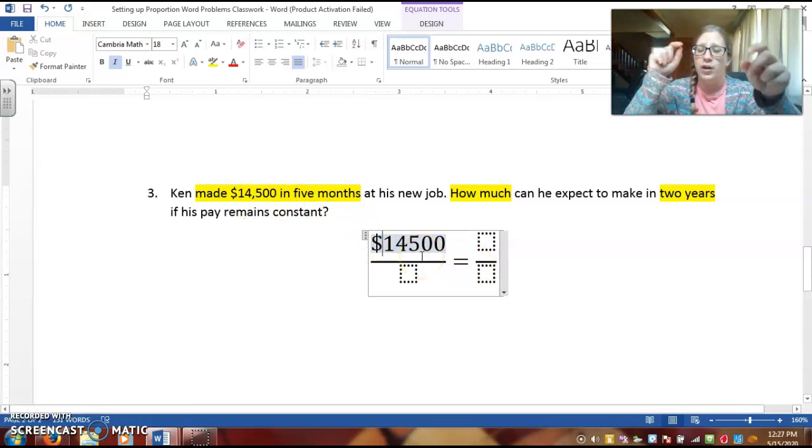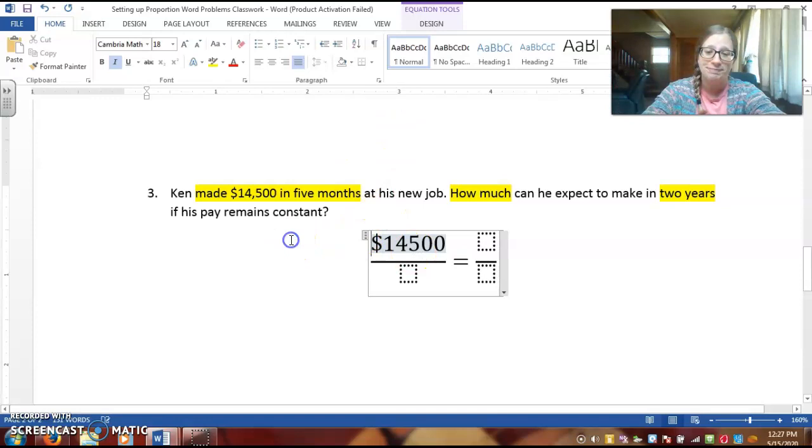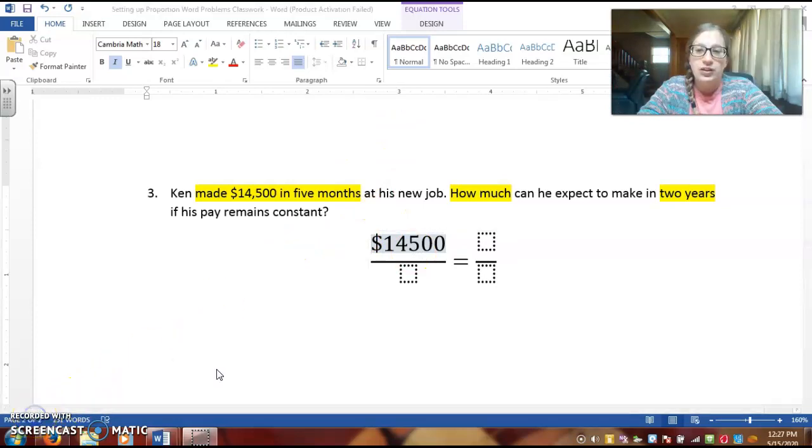When you guys are working in your calculators, your calculator doesn't need the comma to know that represents 14,500. So we have the 14,500 on top, and I've put the dollar sign to represent that it is referring to money. I did not keep the comma because you don't necessarily need that when you're trying to solve the math problem. A calculator is going to know that's $14,500.